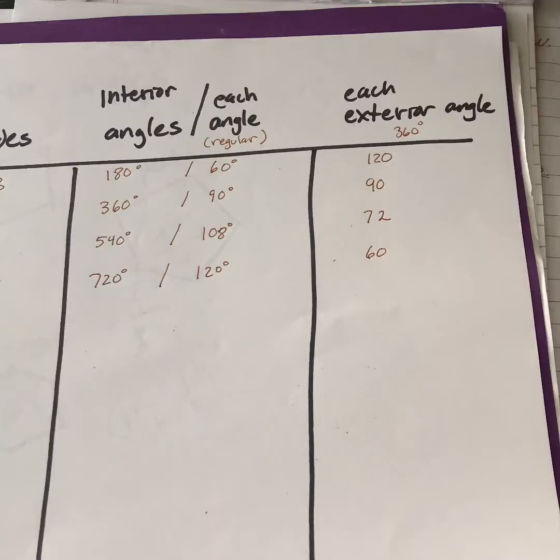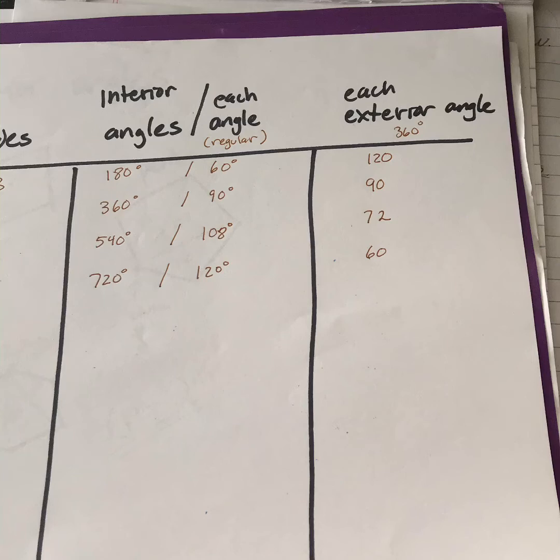So I have now completed the first four parts of the exterior angles by dividing the 360 total by the number of vertices. In a regular triangle, an equilateral triangle, each exterior angle would be 120 degrees.